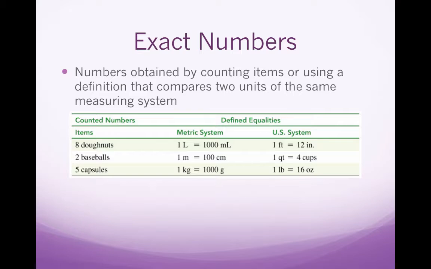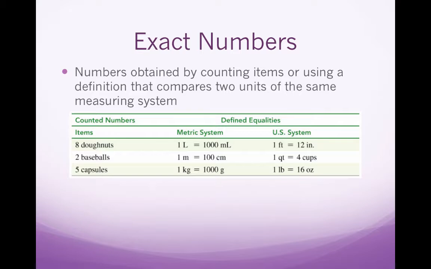Okay, let's talk about exact numbers. Exact numbers are numbers obtained by counting items or using a definition that compares 2 units of the same measuring system. So for example, for counted items, I have 8 donuts, 2 baseballs, 5 capsules. I just counted the number of donuts, baseballs, and capsules I had. And then defined equalities. So within the metric system, 1 liter equals 1,000 milliliters. 1 meter equals 100 centimeters.